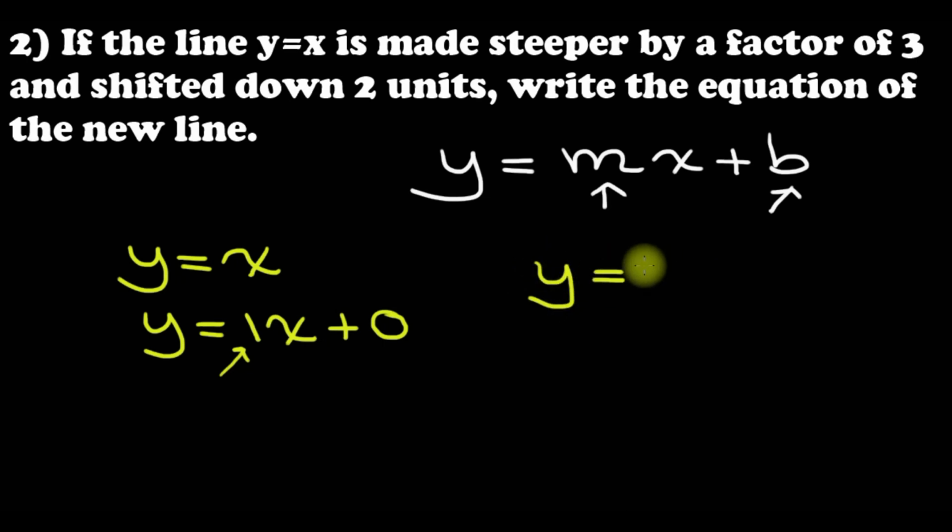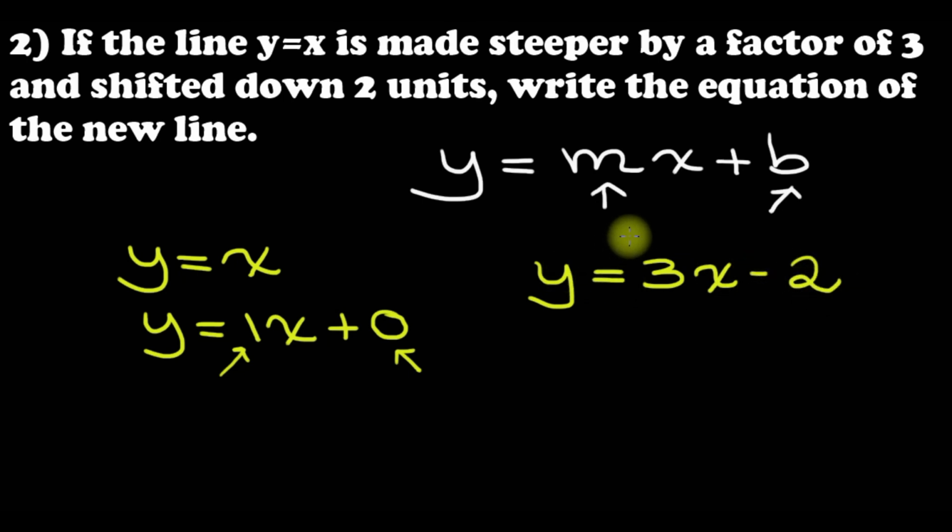So y equals 3x, okay? So this right here is made steeper by a factor of 3. But at the same time, it's shifted down 2 units. So from 0, it's going to go down 2. So you minus 2, so 0 becomes a negative 2.